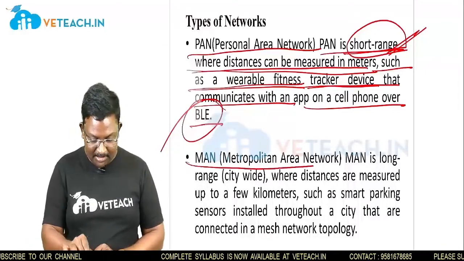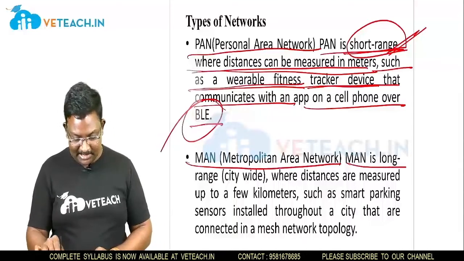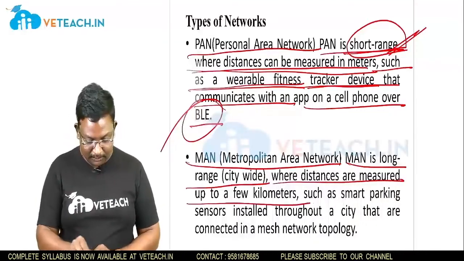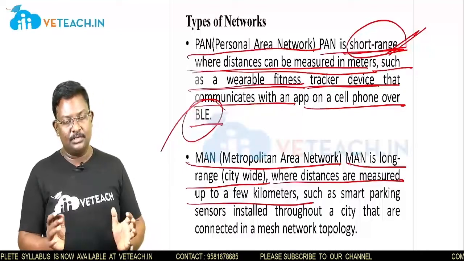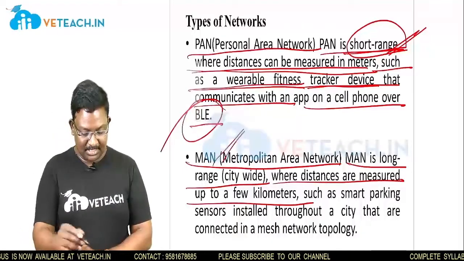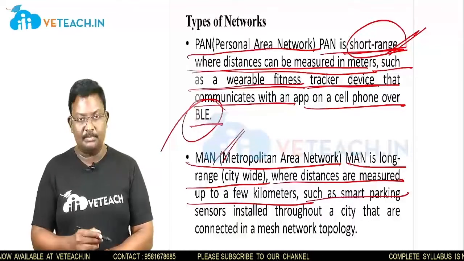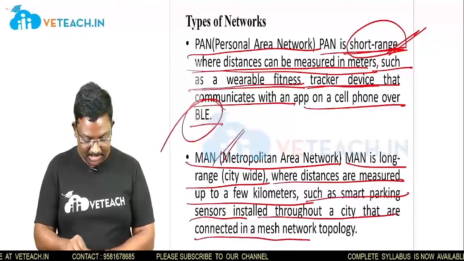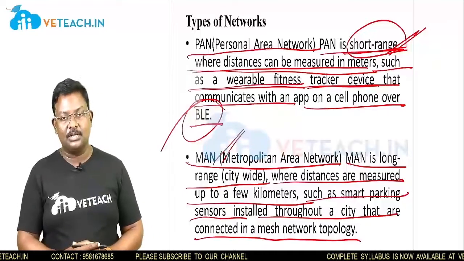And coming to the MAN, metropolitan area network, MAN is a long range, city-wide network where distances are measured up to a few kilometers. Such a network is called a MAN, such as smart parking sensors installed throughout a city that are connected in a mesh network topology.